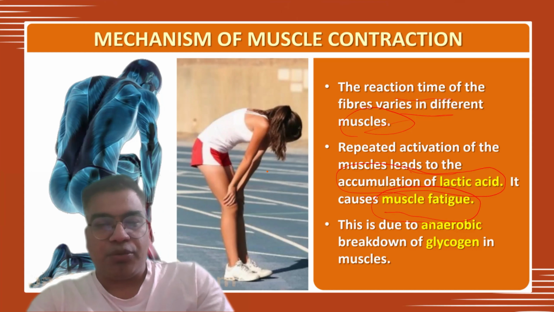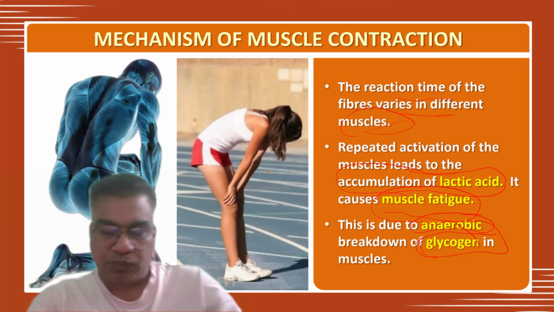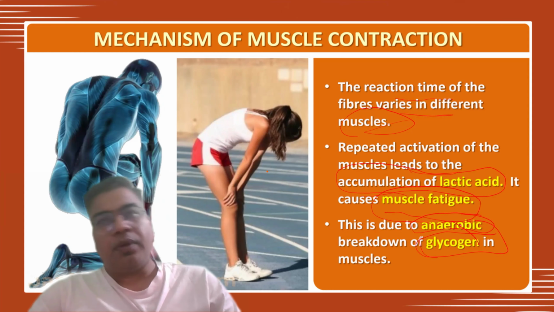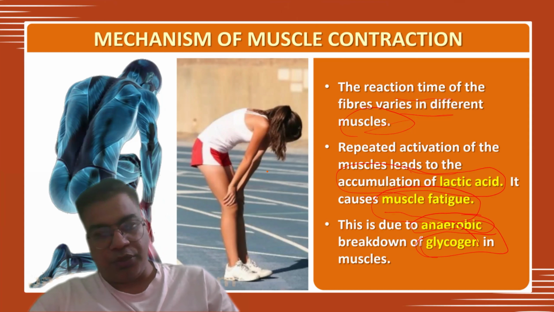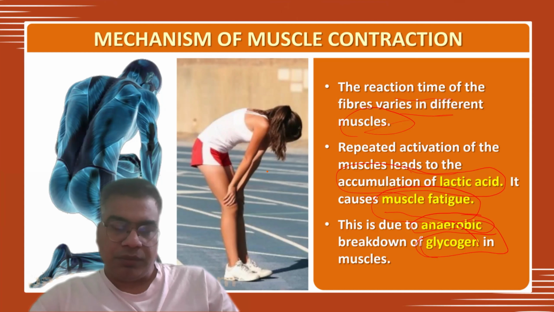Basically, it is due to the anaerobic breakdown of glycogen and aerobic breakdown of glycogen. During exercise, there are two components, the aerobic and the anaerobic component. And the anaerobic component is responsible for the breakdown of the glycogen because the aerobic portion is quite small.